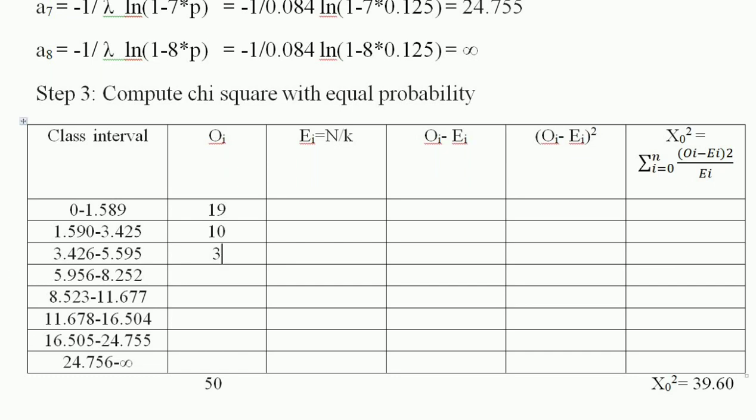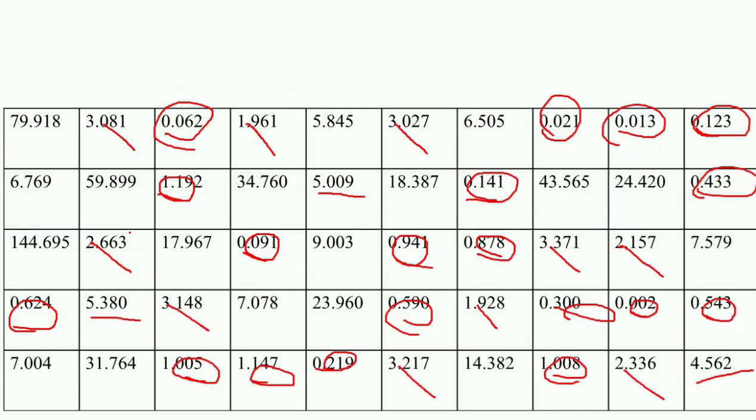Now the next interval, which lies from 5.596. So how many values are there? We have to count it, so go to the table. Here in the first row, 5.845 lies in that interval, and 6.505 lies in that interval.